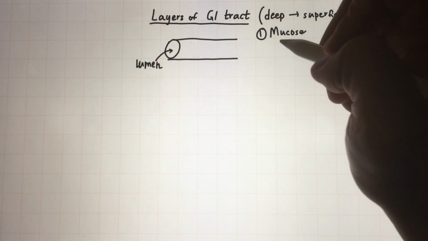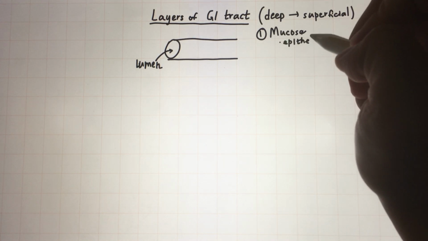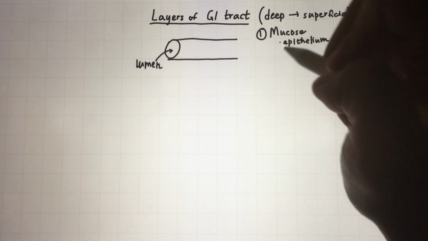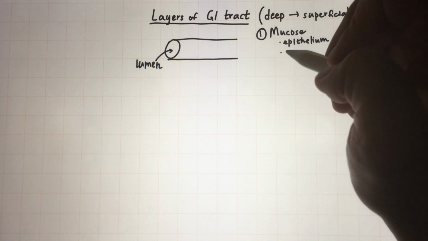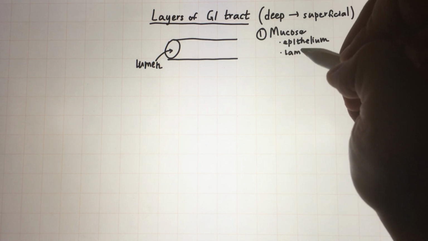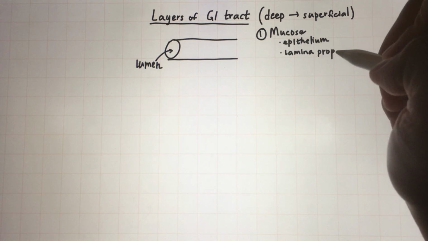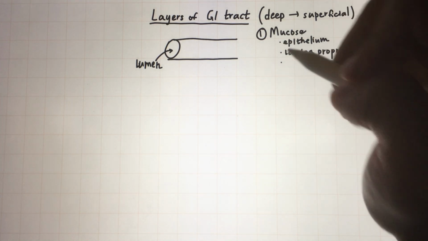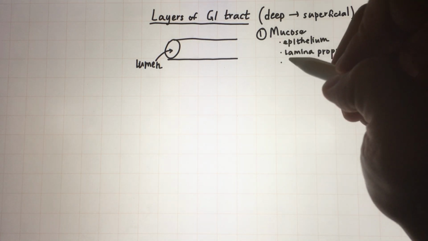Mucosa is made out of epithelium. Next is a layer of connective tissue called the lamina propria. And the last layer of the mucosa, more superficial, is the muscularis mucosa.